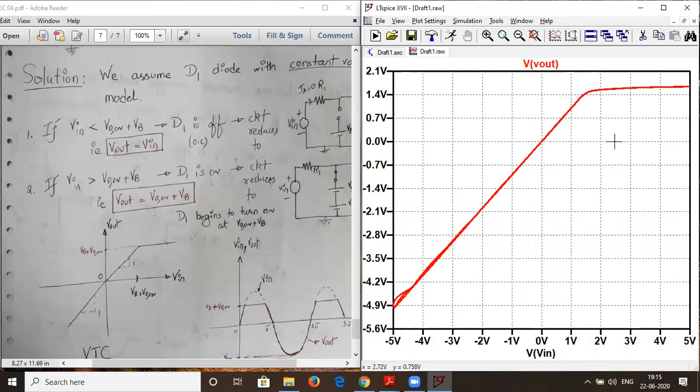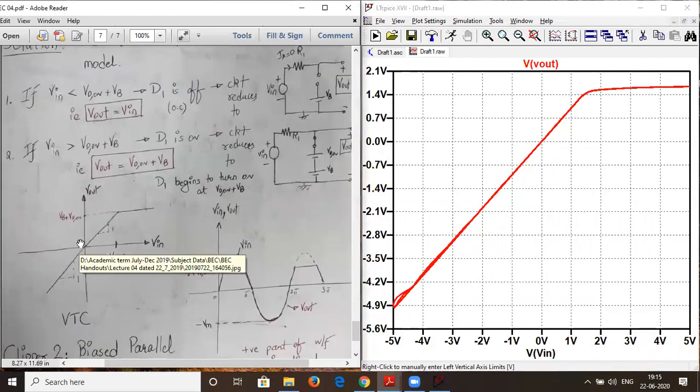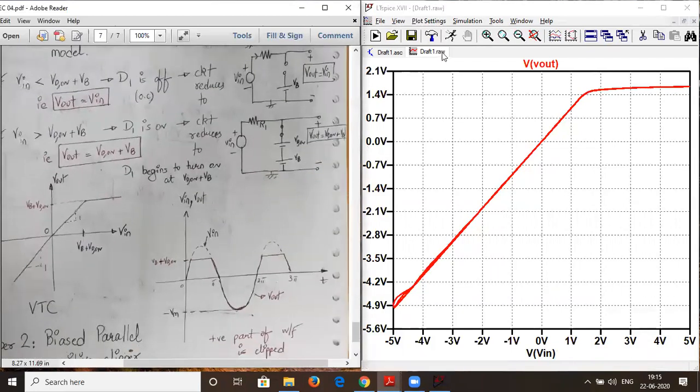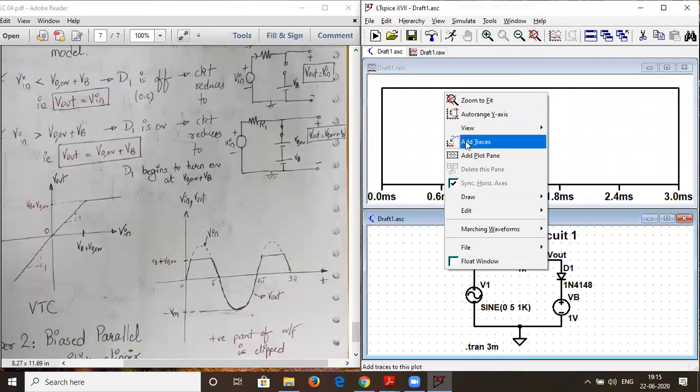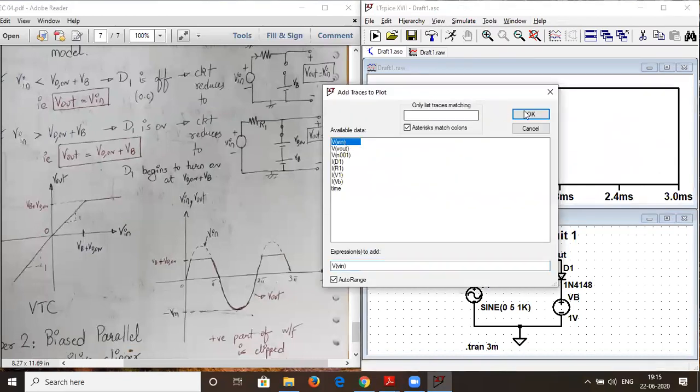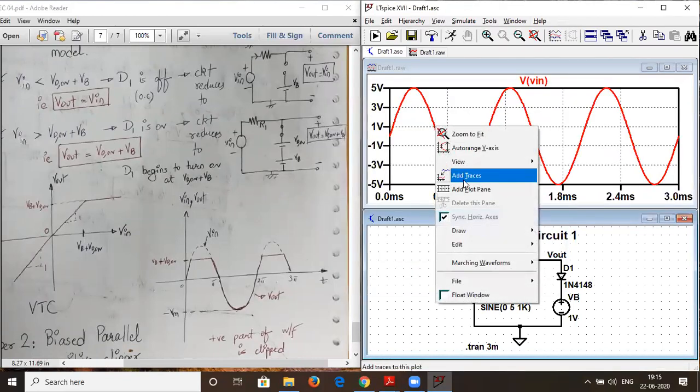So this is called the voltage transfer characteristics. This is my VTC curve for this clipper circuit, and these are my input output waveforms of a simple clipper circuit.